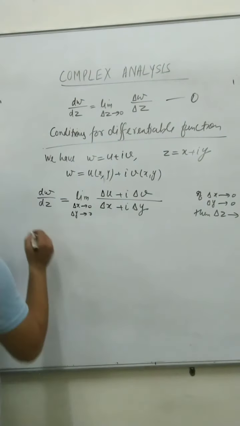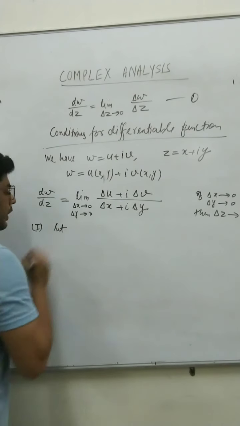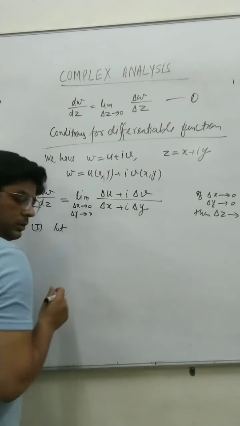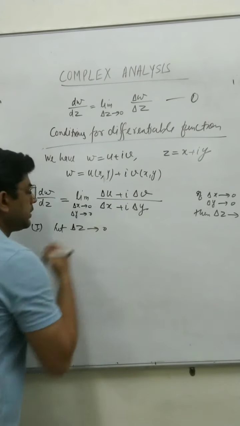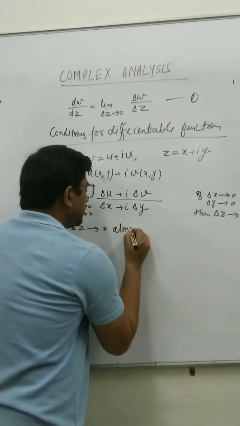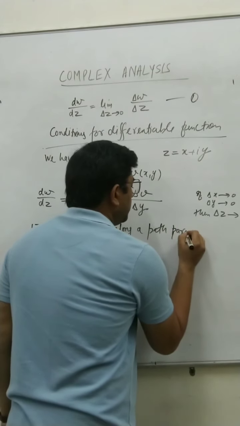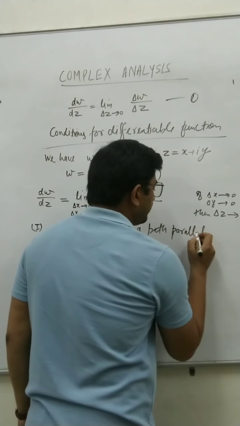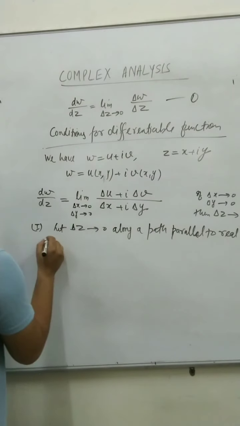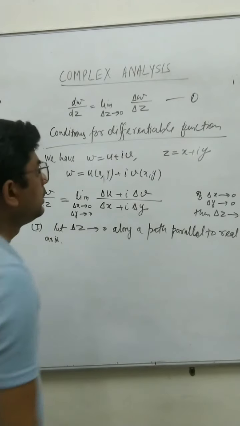Let us take first, suppose we want to move along, let Δz tend to 0 along a path parallel to the real axis. Okay, so first of all, what is this path?